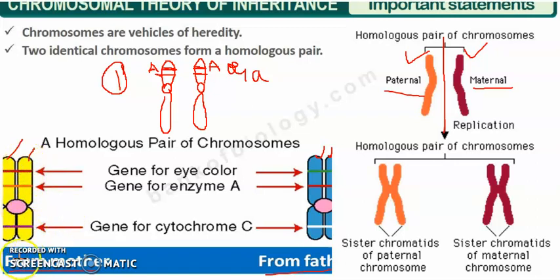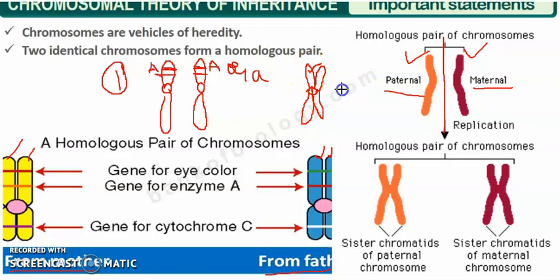So you can see that from the maternal chromosome they have made a copy, and in the same way from the paternal chromosome also they have made a copy. That is why chromosome structure is sometimes drawn like this, X-shaped, right? So it is the exact copy of the other one, right? It means that sister chromatids will be identical because they are formed from this copy, right?